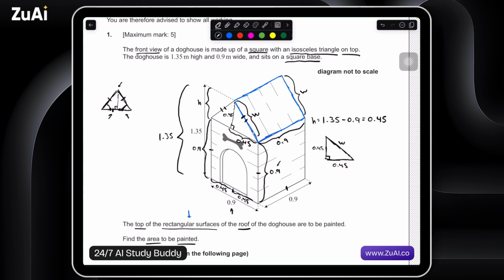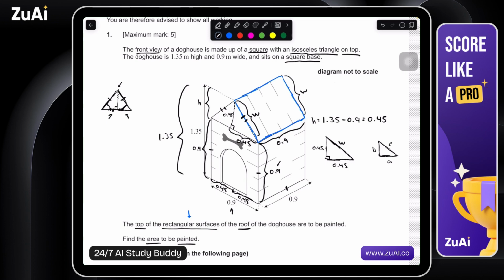Pythagorean theorem is something that's not given in the formula booklet, but we know that for a right angle triangle, a squared plus b squared equals c squared. So the sum of the squares of the smaller side lengths equals the square of the larger side length of our triangle. So what do we know? We know that 0.45 squared plus 0.45 squared is equal to, in this case, w squared.